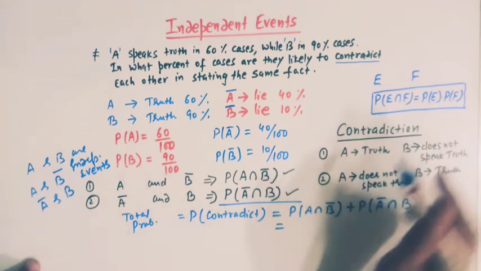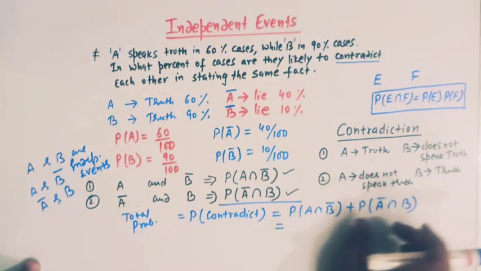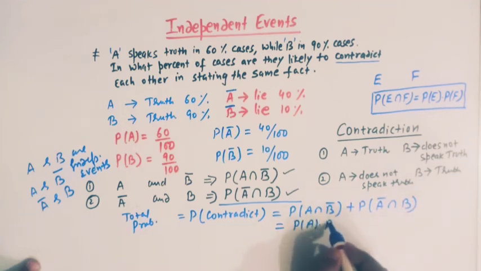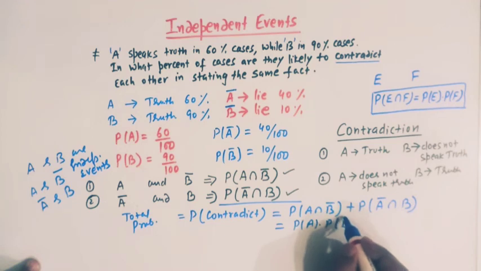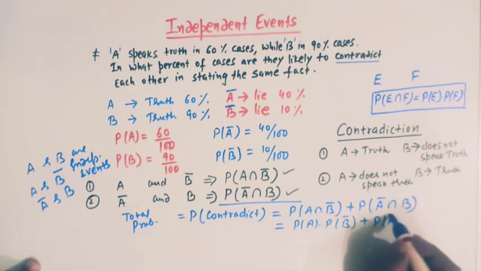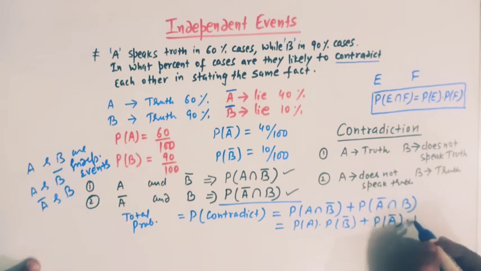So we apply this rule: P(A) multiplied by P(B bar) plus P(A complement) multiplied by P(B).